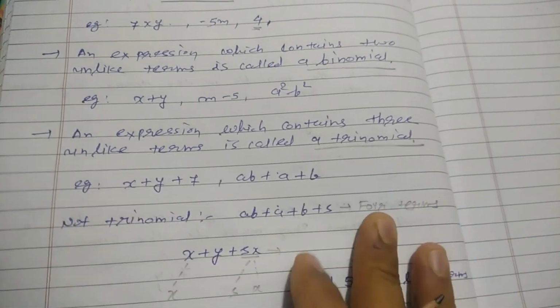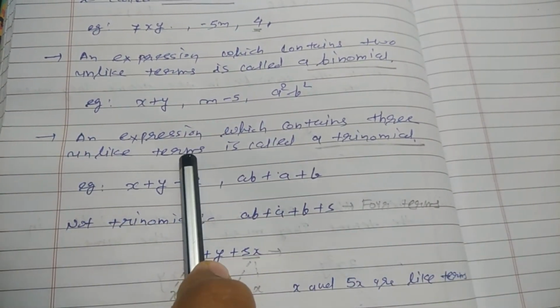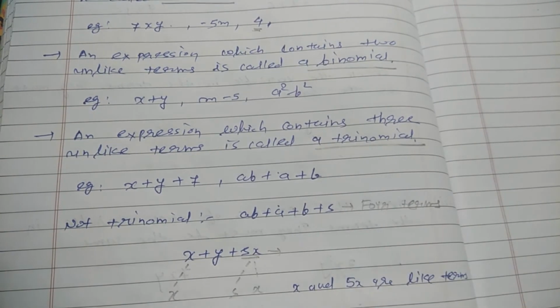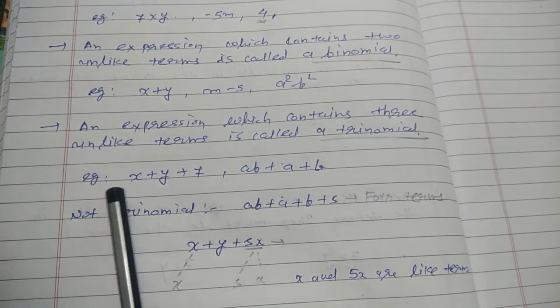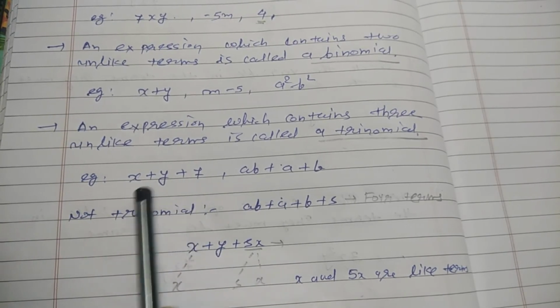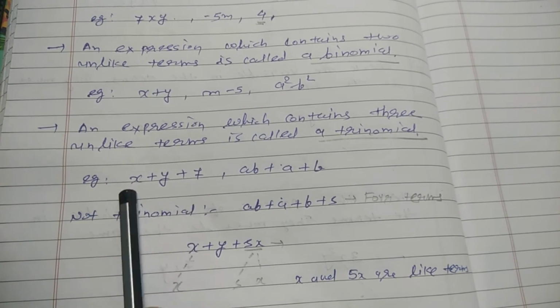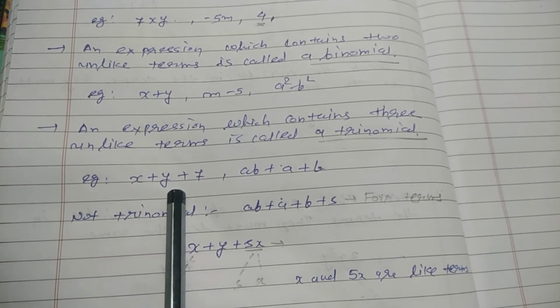Next definition, an expression which contains three unlike terms is called a trinomial. For an example, x plus y plus 7, here we can see that there are three terms, x, y and 7, and they are unlike terms, so this expression is called a trinomial.